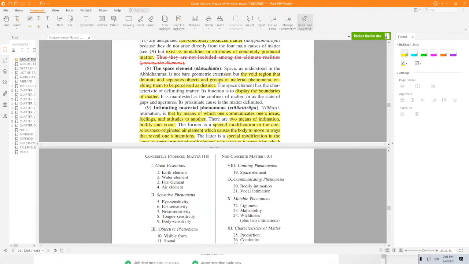In the Theravada Abhidharma, the term space element doesn't refer to what we would call universal, all-pervasive space, but rather the word space is used in a narrower sense as the empty region between material objects. So it's the void region that delimits and separates objects and groups of material phenomena.